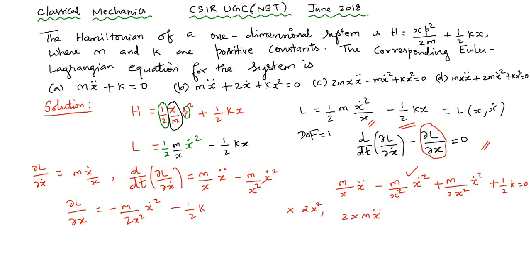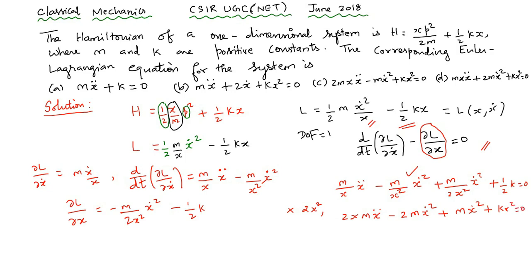This term you will get as minus 2m x dot square. Now this becomes m x dot square, and the last term becomes simply k x square, that is equal to 0.